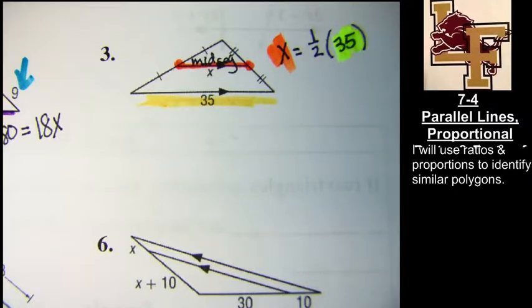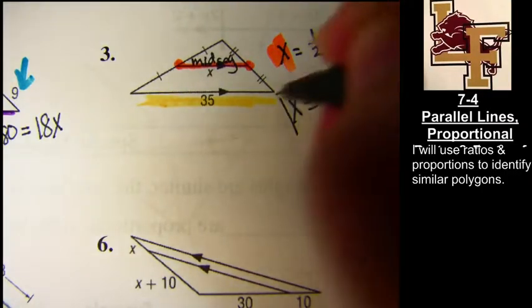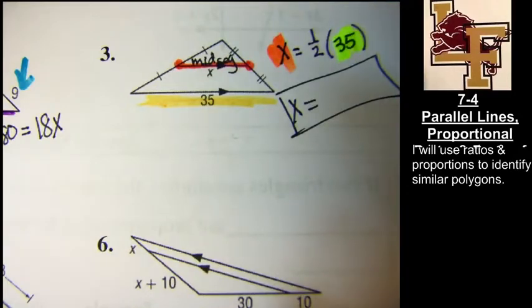And so x is whatever I get when I do 1/2 times 35. I'll let you guys figure out that number.